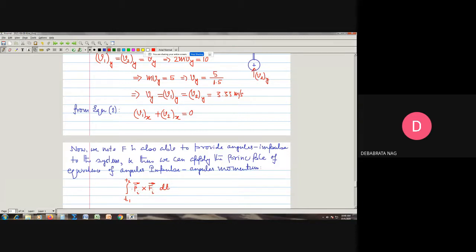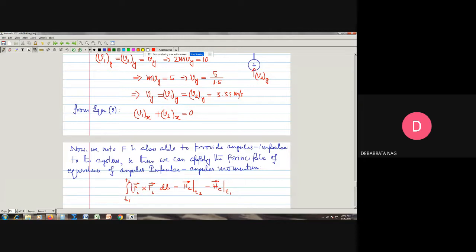This integration calculates h bar c at time t2 minus h bar c at time t1. That means here the moment is taken with respect to the center of mass. So this will be the moment of the force.